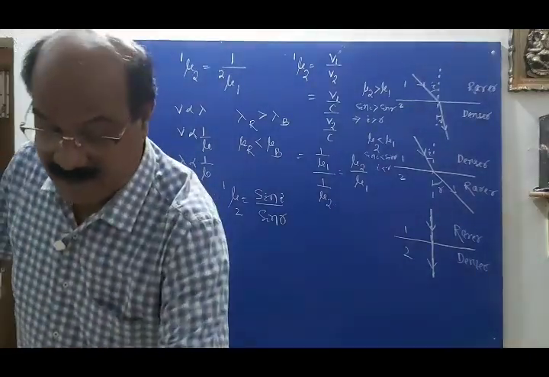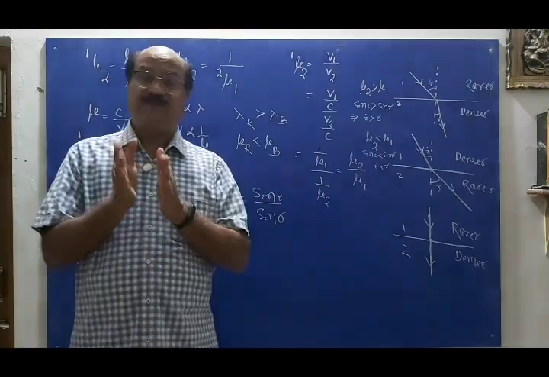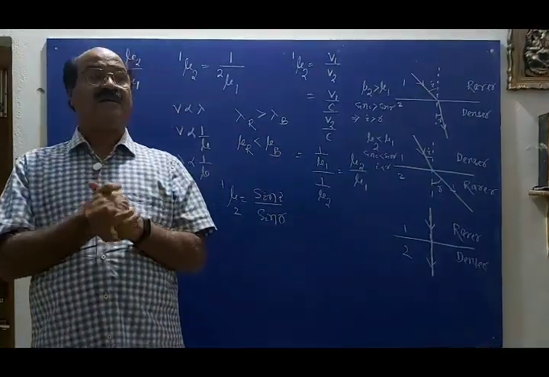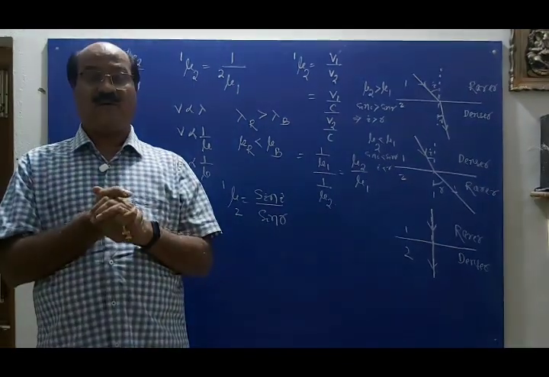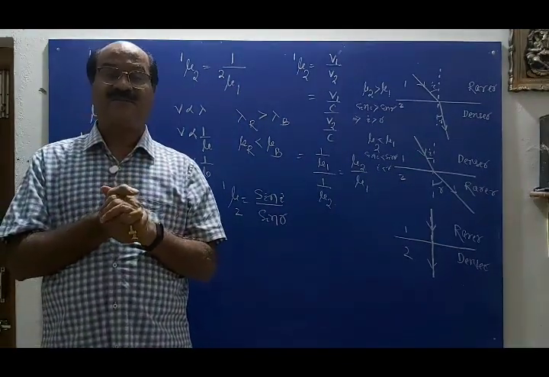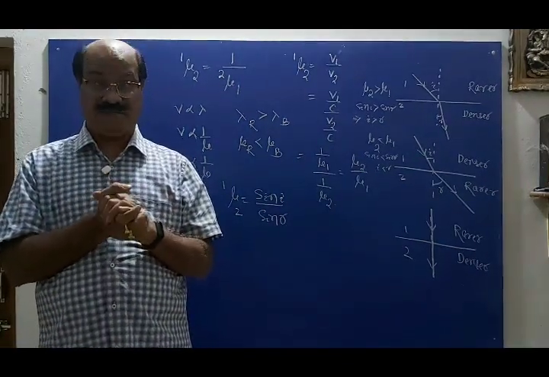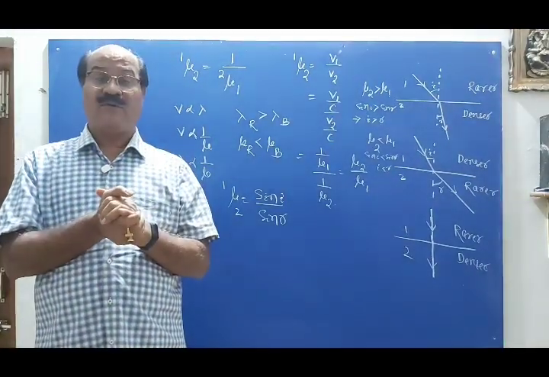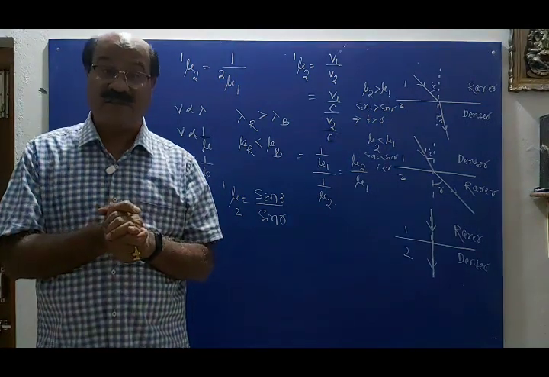In between optics and electrostatics, let us compare one physical quantity. In electrostatics, you have studied about one physical quantity that is called permittivity of a medium. Similarly, in refraction, we will study about the refractive index of a medium.